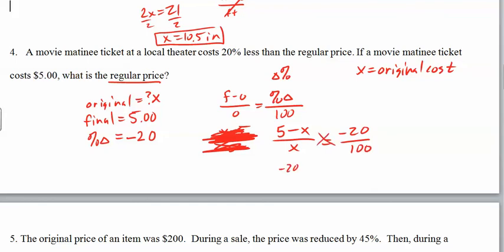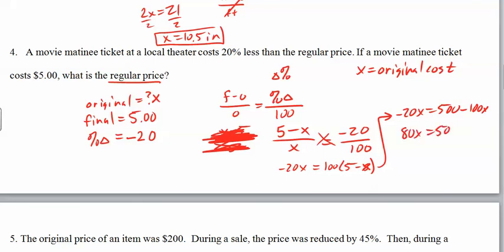We'll have negative 20x equals 100 times 5. I'm going to write it out because I've asked you guys to do it. So 5 minus x, and from there we've got negative 20x equals 500 minus 100x. Add 100x to both sides, and we've got 80x equals 500.